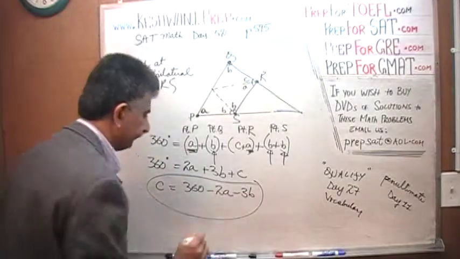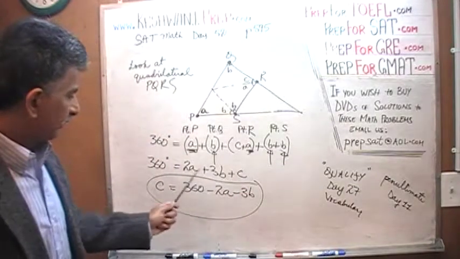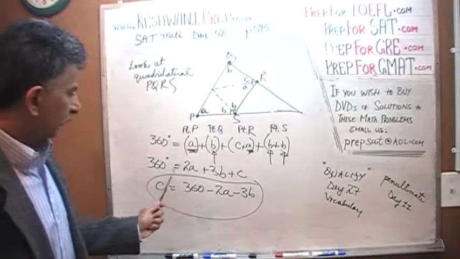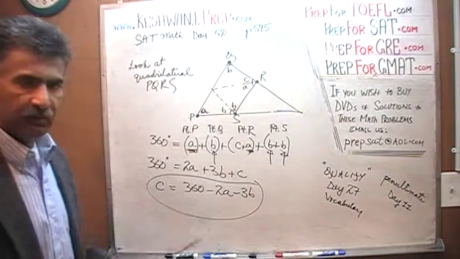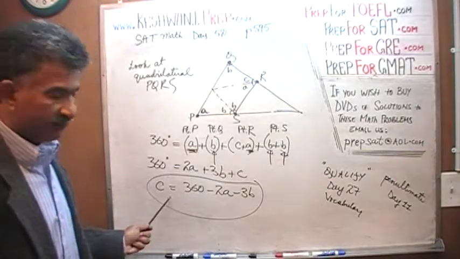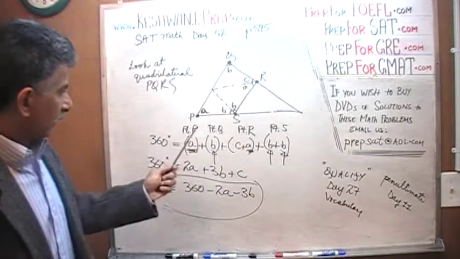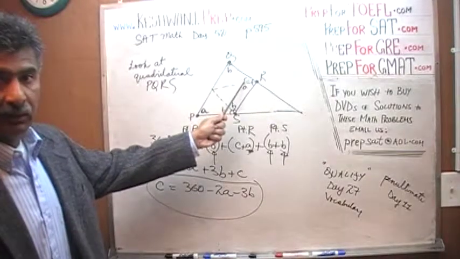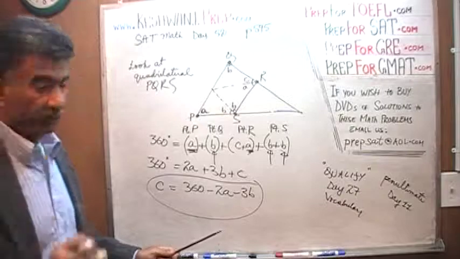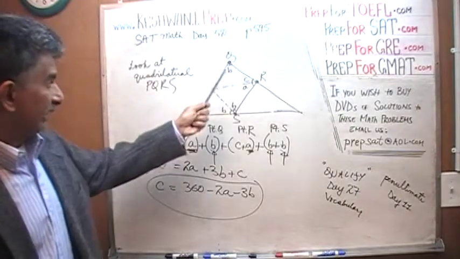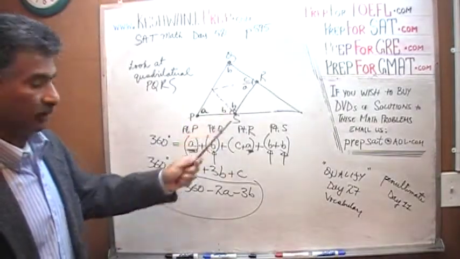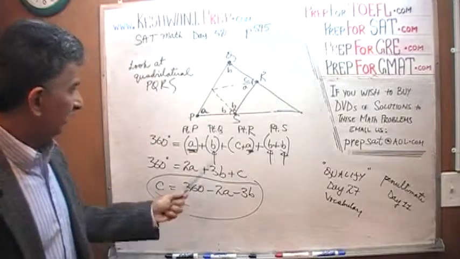In other words, subtract 3B's and 2A's from both sides and you will have C by itself.